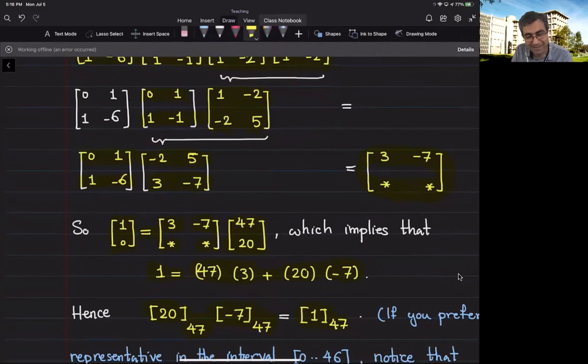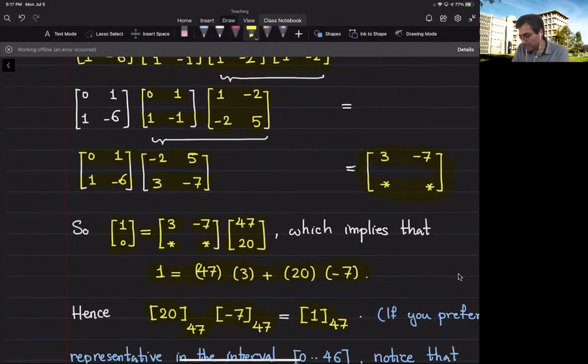Now, when I look at this equation mod 47, this disappears. I end up getting that the residue class of 20 times the residue class of negative 7 is the residue class of 1. And that's exactly what we wanted.